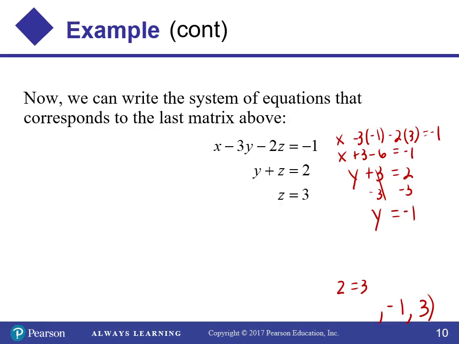Well, 3 minus 6 gives you a -3. And then if I take that over to the other side, I'd be adding 3. So then x equals 2. So then I can write it there.